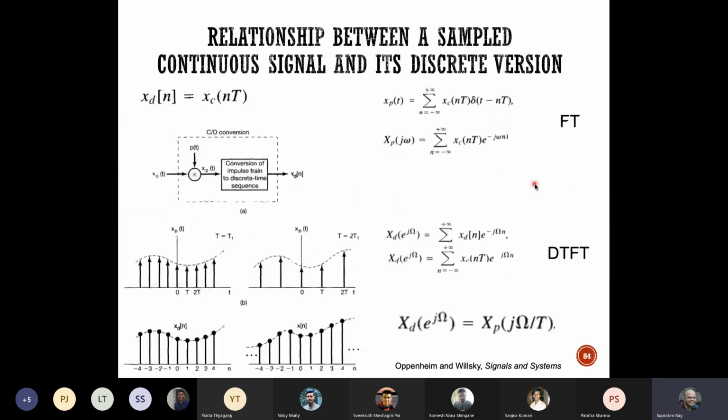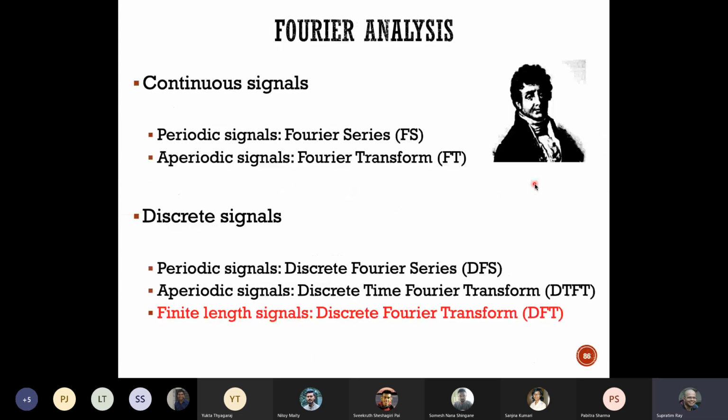Turns out, this is the important part, that if you look at these discrete Fourier series coefficients, it will be the same as the DTFT of the finite length signal without the periodicity.